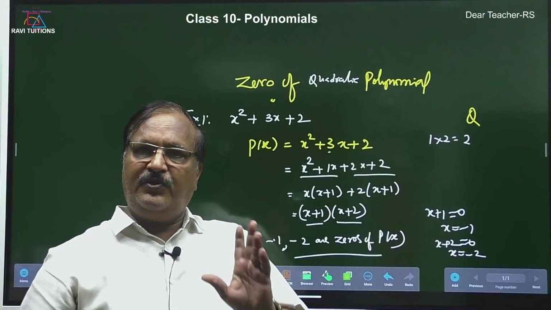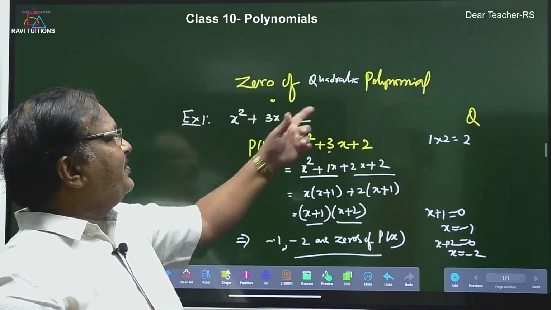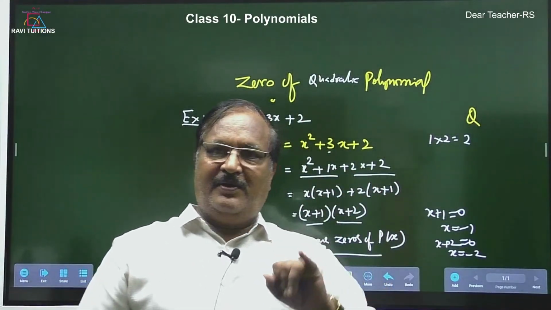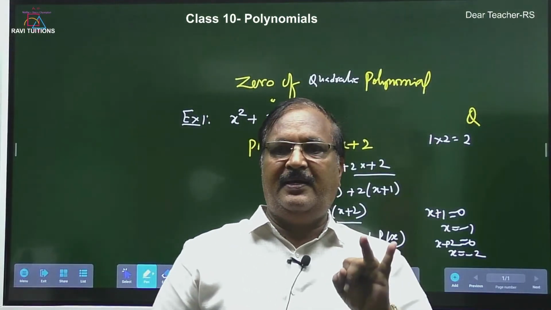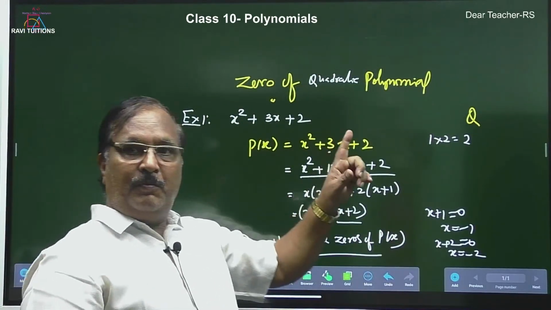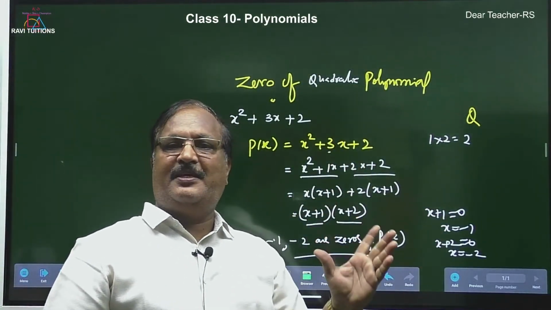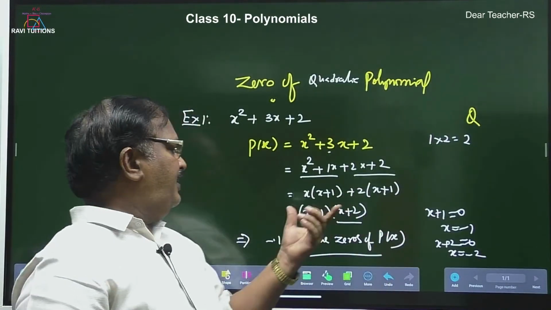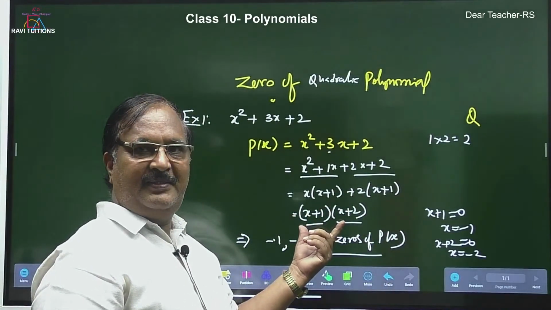So if you want to find the zeros of any polynomial, quadratic, cubic or biquadratic, you should express them as a product of linear polynomials.